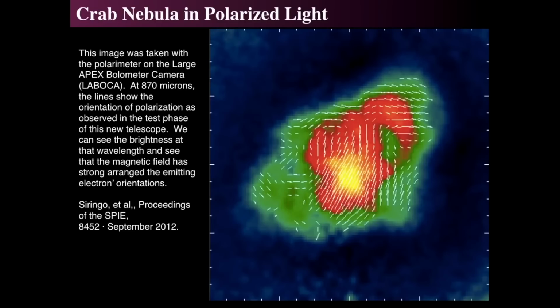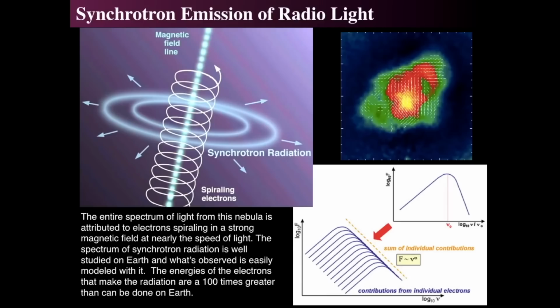And the Crab Nebula is strongly polarized, which indicates that it has a strong magnetic field, which is shaping the emitting electrons' orientations. So something is making it polarized. And this was given at a proceedings of the SPIE in September 12, 2012 with the introduction of this camera.